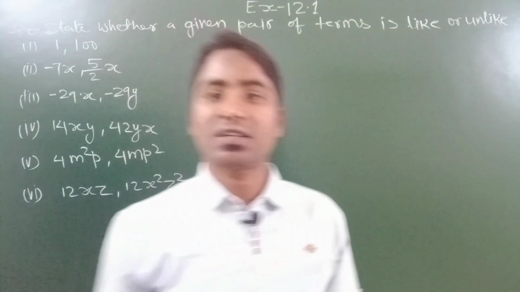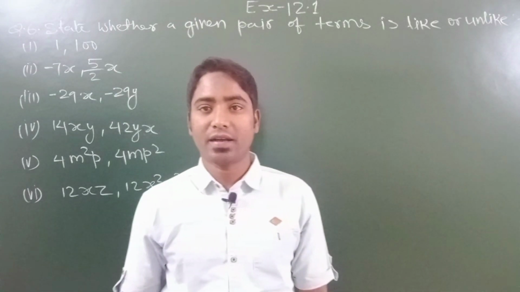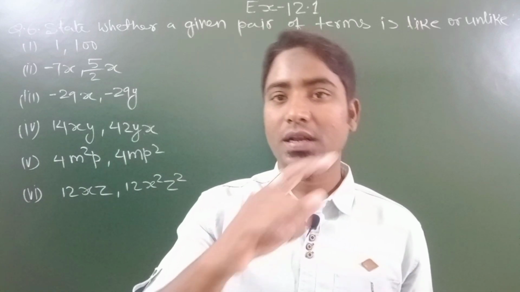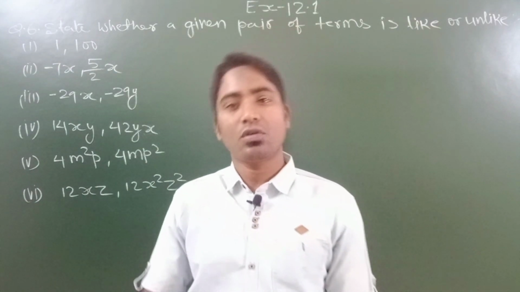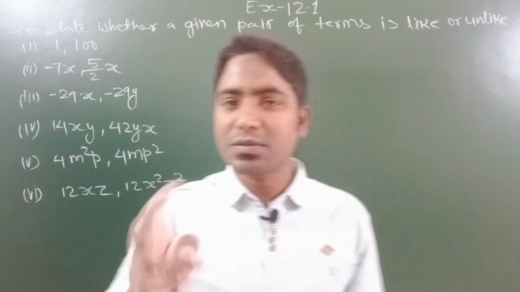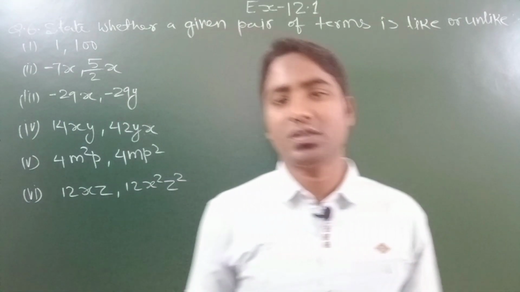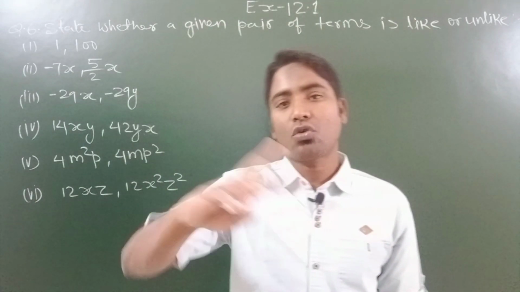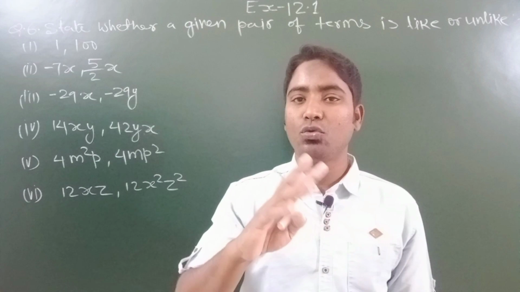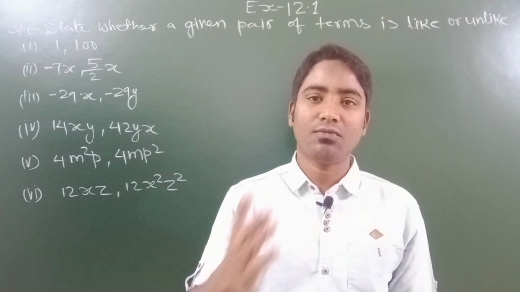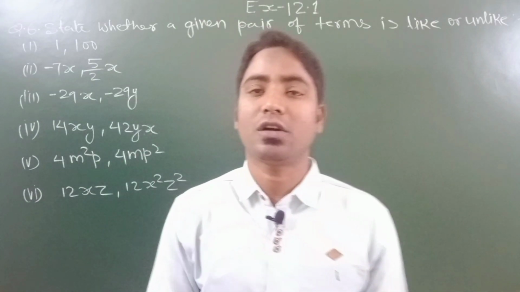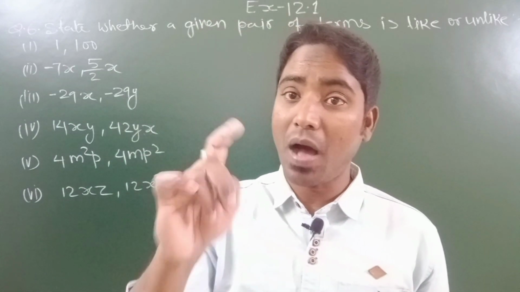I have already explained like and unlike terms in my introduction video. If you have not seen it, then you can watch it, or no problem, I will explain here also. In like terms, the variables should be the same. Either both are constants, or both are variables, and if there is a variable, then we have to look for the same variable. Like, if one term contains x, then the other term must also contain x, and their powers also.